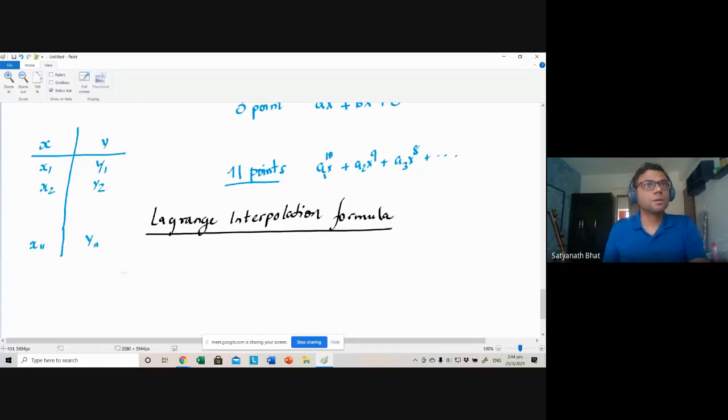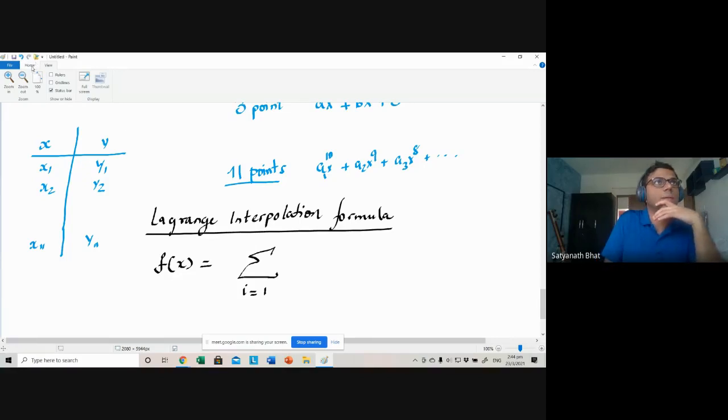What you do is you write your function f of x, whichever is the thing that you want. You write it in terms of all the points that you want to make it pass through in this manner. I equal to 1 to, let's say, okay, I shouldn't write this way because it will be a problem.